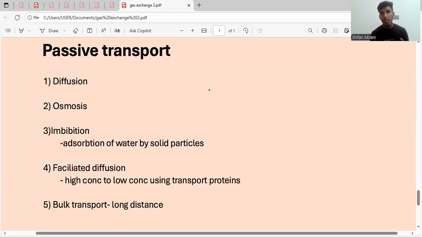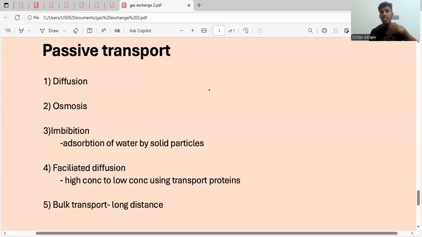Now let us take a look at imbibition. Imbibition is the adsorption of water by solid particles. This usually occurs in seeds. Most people confuse it with absorption of water. In imbibition, water is not absorbed into the substance or the cell. Water is adsorbed, which means water goes and binds to the surface of that substance and causes that substance to swell up.